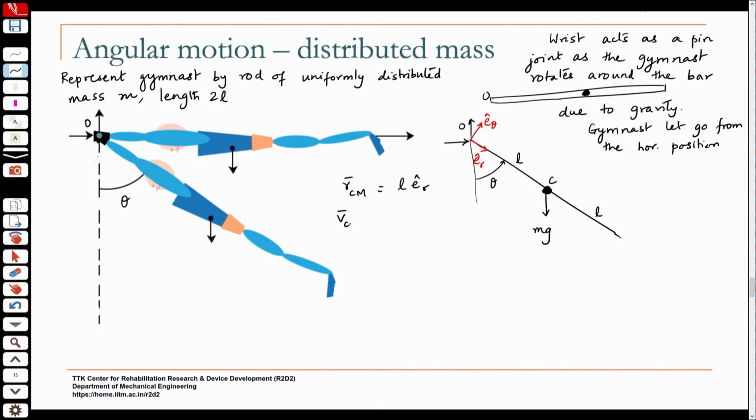The velocity of the center of mass is L theta dot e_theta, and the acceleration of the center of mass is L theta double dot e_theta, the tangential component, minus L theta dot squared e_r, the centripetal or radial component.